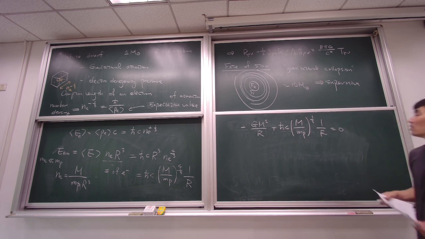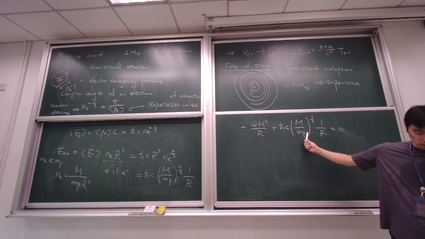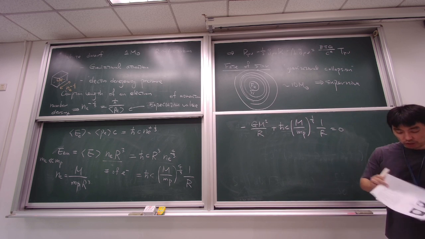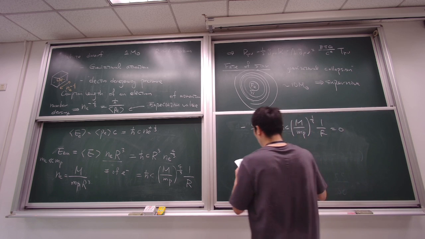So this is when the gravitational force becomes equal to the electron degeneracy pressure. Then we can make an estimate.